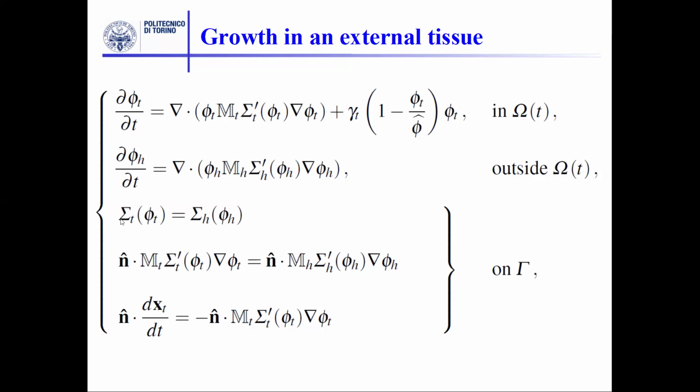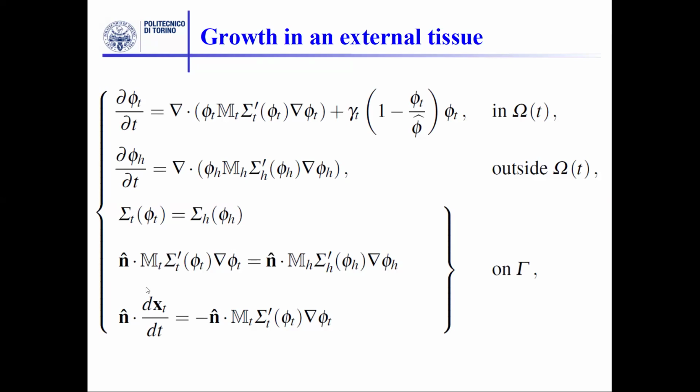So you have sigma T and sigma H equal, which means, by the way, that if sigma is the same in both tissues, this implies the continuity of the density, of the volume ratio. But if it is different, then you will have a discontinuity in your density, in your volume ratio.